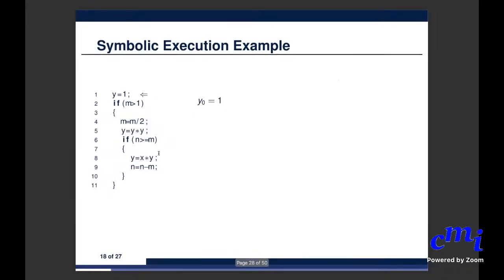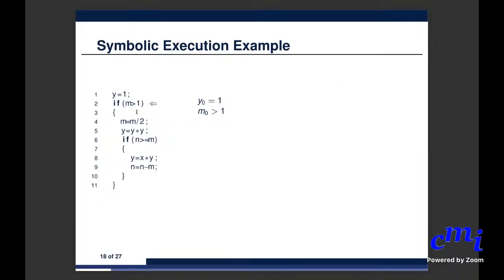So a symbolic path is defined by a combination, all possible combinations, of truth values for the branching conditions in a program.